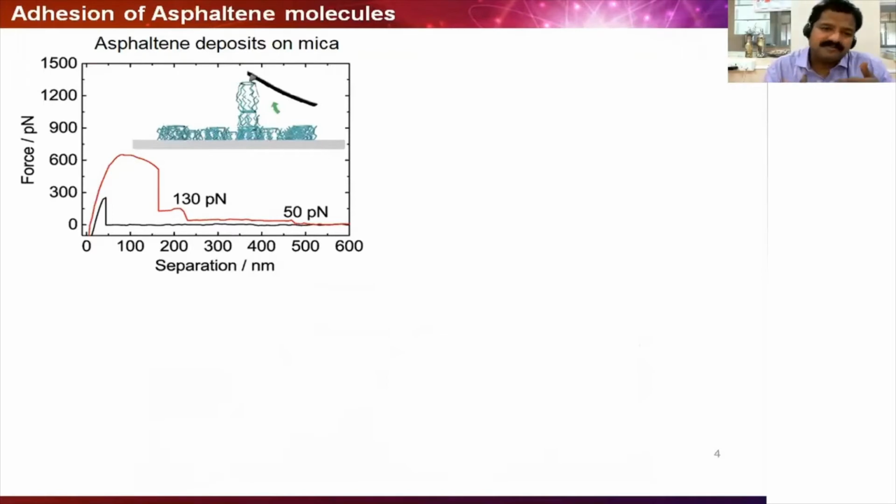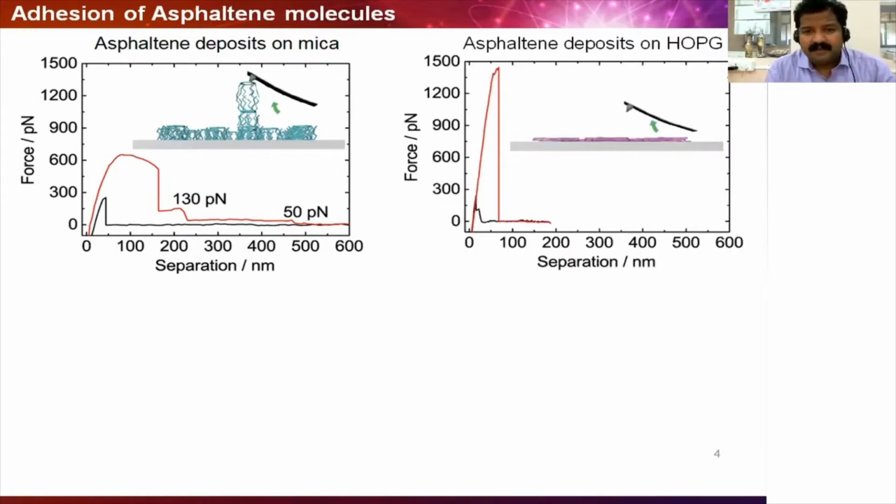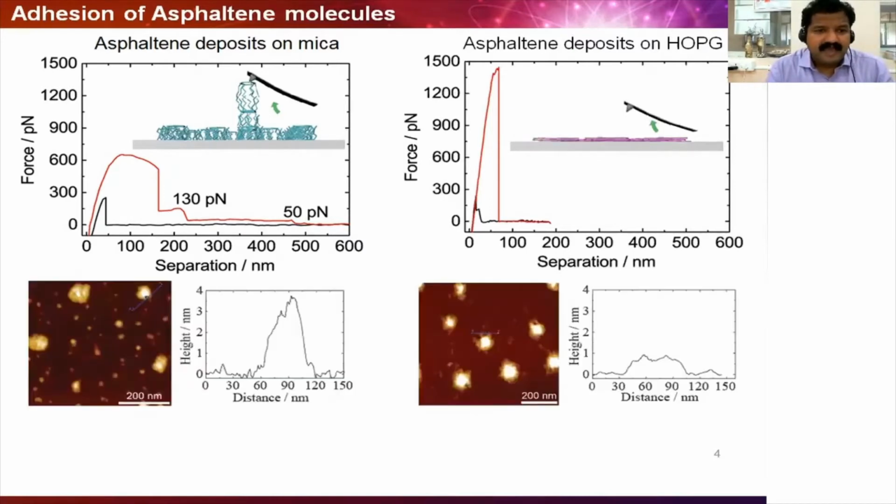In this study, why is it important? It's important to understand how these molecules, when depositing on a surface, how these supramolecules arrange on the surface. Because depending on this arrangement, their properties can differ. For example, when asphaltenes are deposited on mica versus HOPG, the AFM force curves, or the adhesion characteristics, are different.